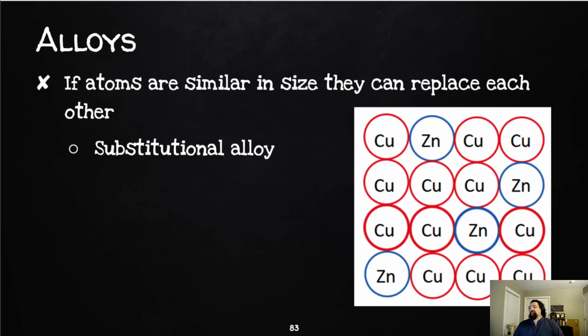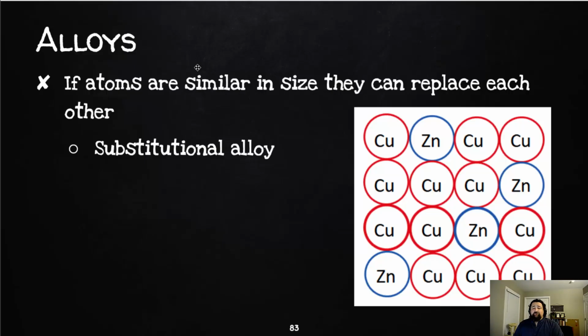So there are two main types of alloys, which is substitutional and interstitial. Substitutional is exactly what it sounds like. So what happens is that the atoms are a similar size, so we take one metal atom out and we put in another atom. Okay? It doesn't necessarily have to be a metal with alloys.